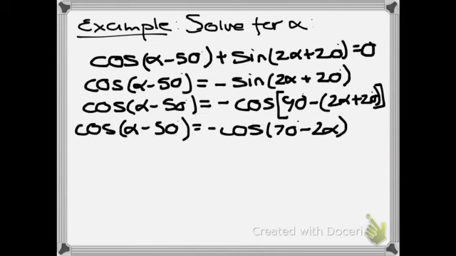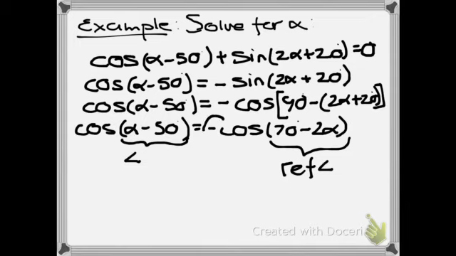I've just simplified that angle, and now don't forget, this angle over here, the 70 minus 2 alpha, is going to be your reference angle, and the angle we're looking to find is the alpha minus 50. Also important in this case, what's slightly different to the last example, is that you've got cos on the left equal to negative.